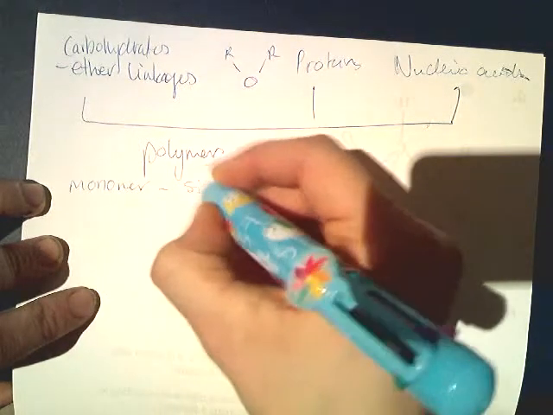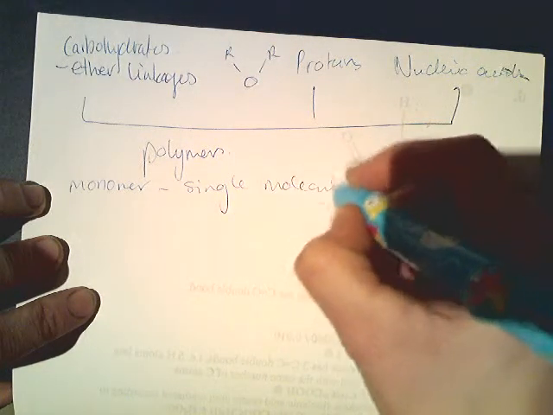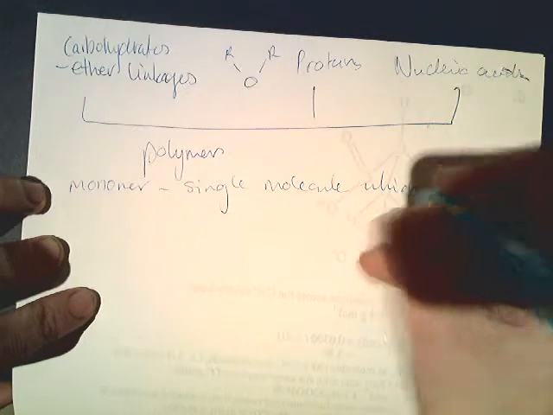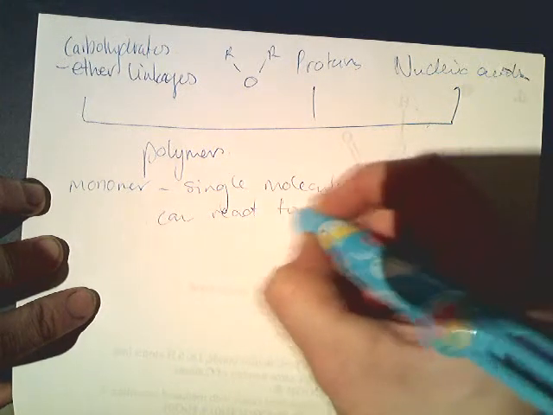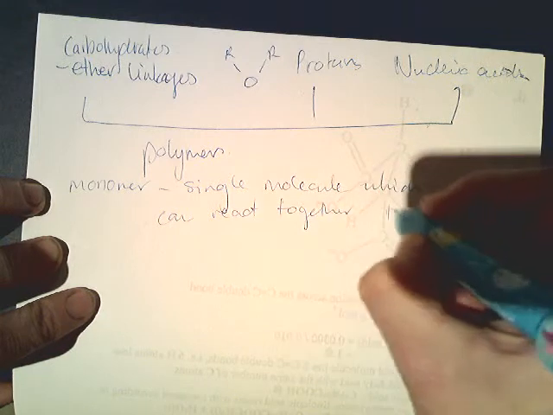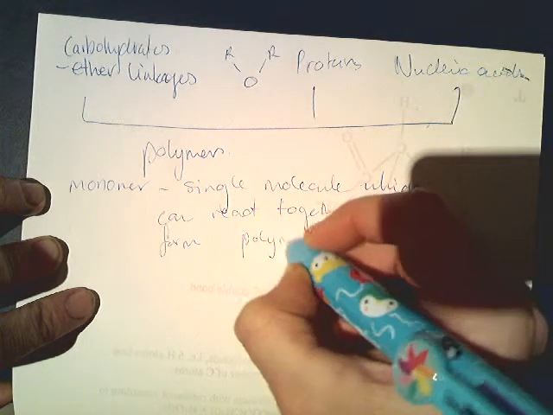So the monomer is a single unit, single molecule, which can react together to form polymers. Okay.